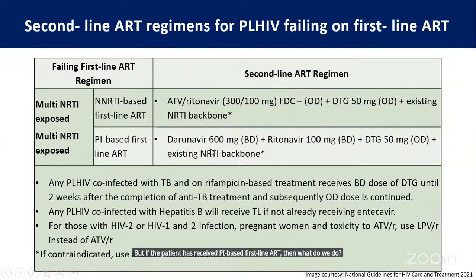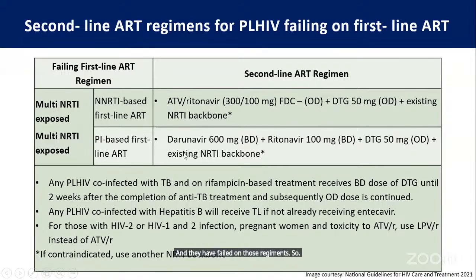But if the patient has received PI based first line ART, then what do we do? We give them the second generation PI, darunavir. Suppose that someone has received atazanavir, ritonavir, or lopinavir, along with multiple NRTIs like ZL, TL, AL, SL, etc. in the first line itself, and they have failed on those regimens.